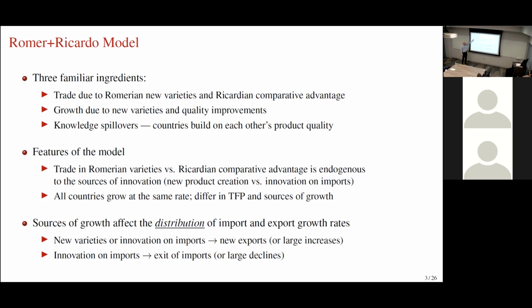So picture at any point in time, there's going to be trade in this model. It's going to be multi-country, and when we come to the data, we'll have like 20 countries, and 20 countries in the simulation. So picture at any point in time, there's a product we're going to call Romerian, meaning that nobody produces a perfect substitute for that in the world, and nobody has a blueprint to do that. And the Ricardian is anyone that another country has a blueprint to produce. So there's a perfect substitute out there, and now they're head-to-head competitors, and things like tariffs and wage differences then become critical.